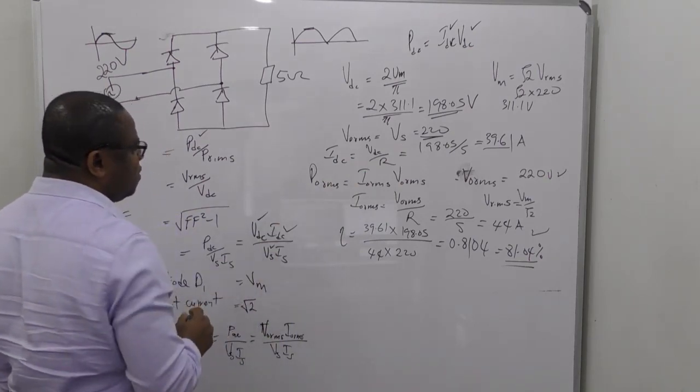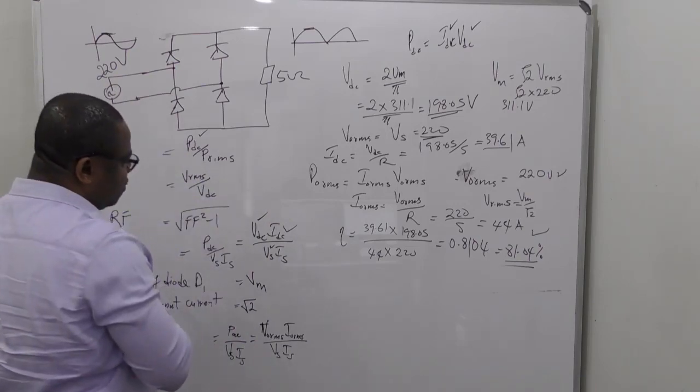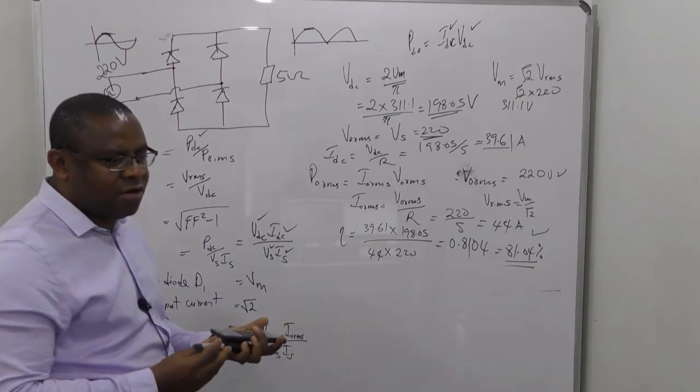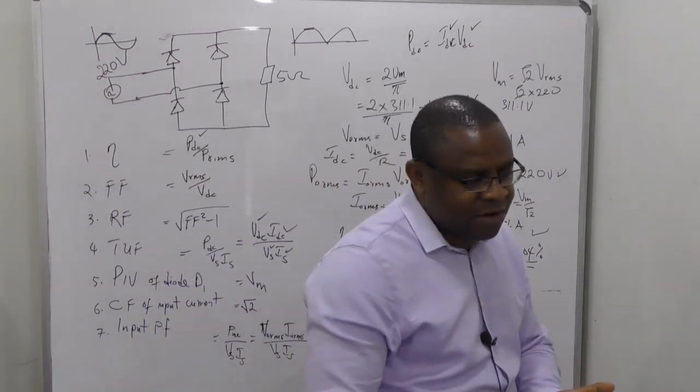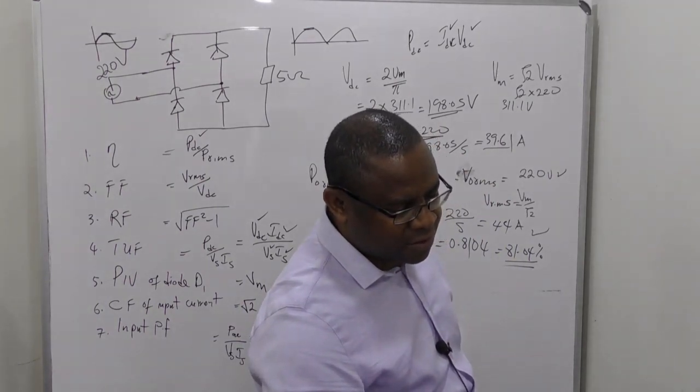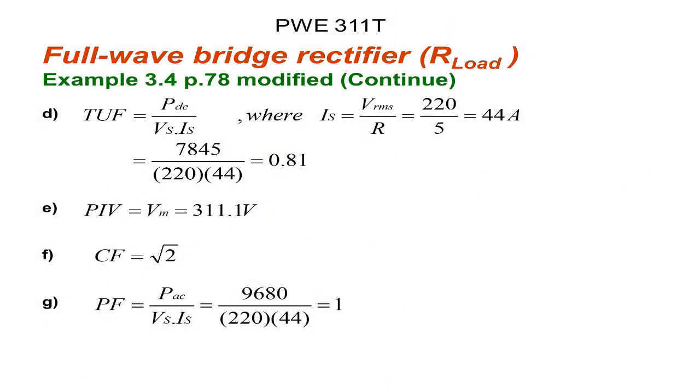VS is also 220, the source voltage, and IS we can calculate using the same method. Remember that IS is the same thing as VORMS divided by the resistance, so you get 44.